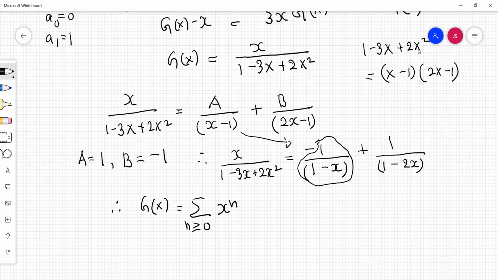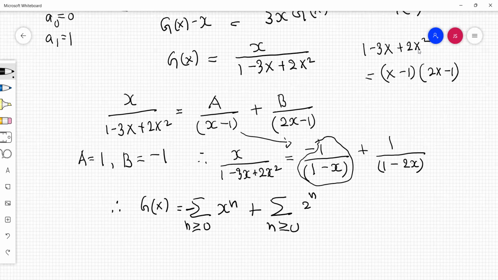It is this: minus the sum of x^n, and plus the sum over n greater than or equal to 0 of (2x)^n.